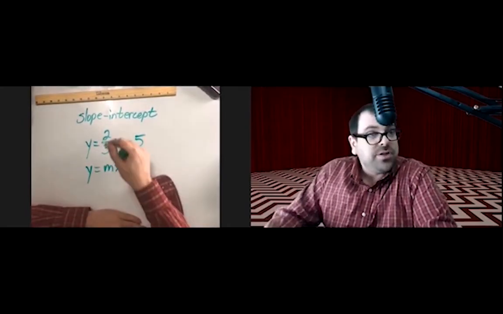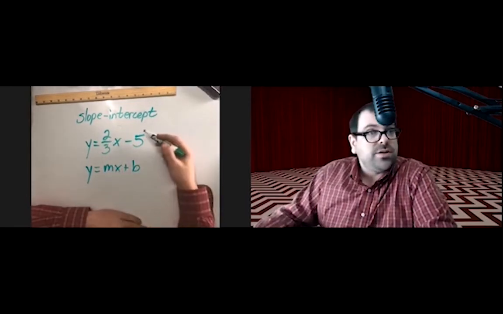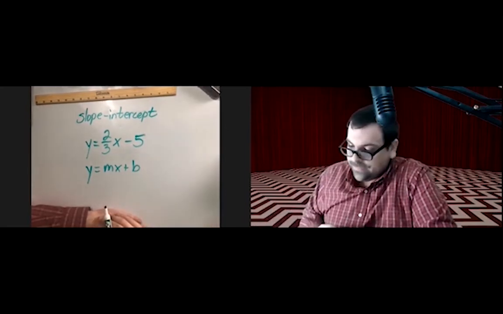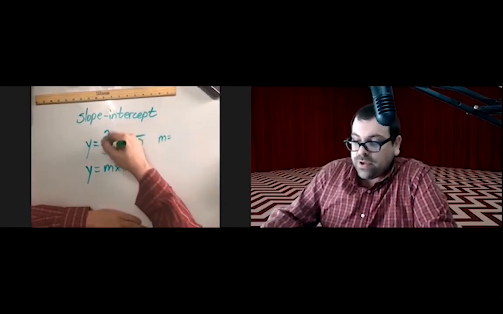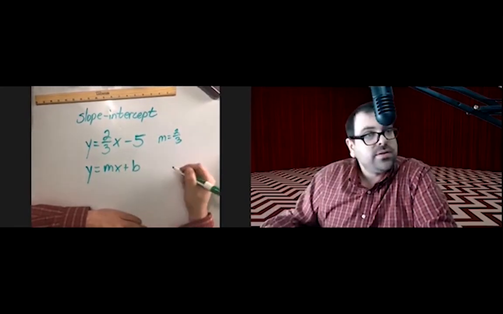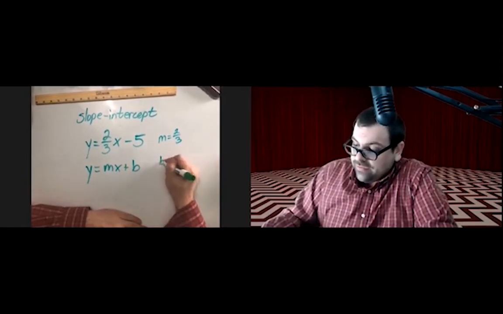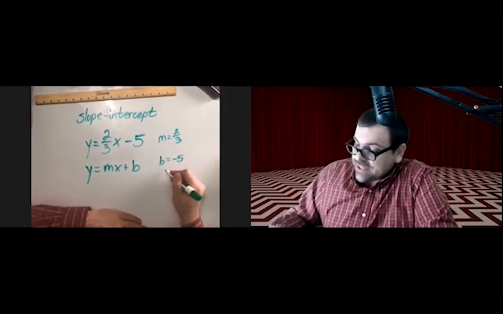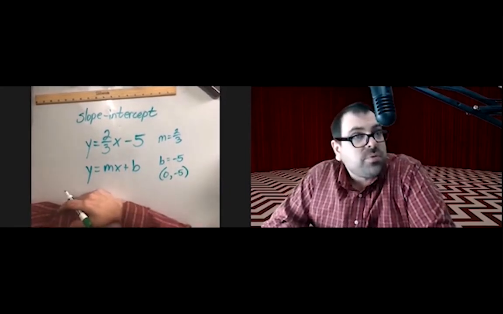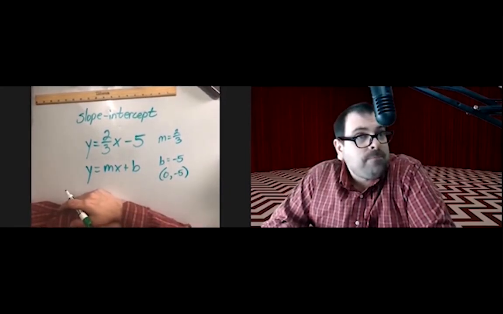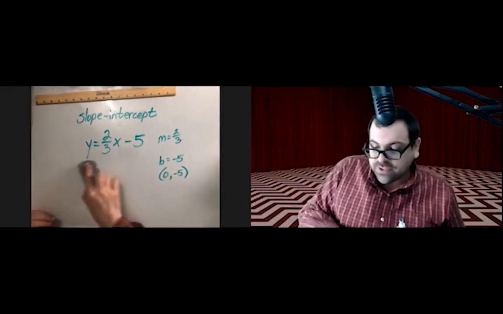It has an x term. It has a constant term. We can directly pull from here that the slope is positive 2/3 because that's what's multiplied by x. And that negative 5 is the y-intercept. In other words, 0, -5 is a point on the line. And with those two pieces of information, we don't need anything else to graph.